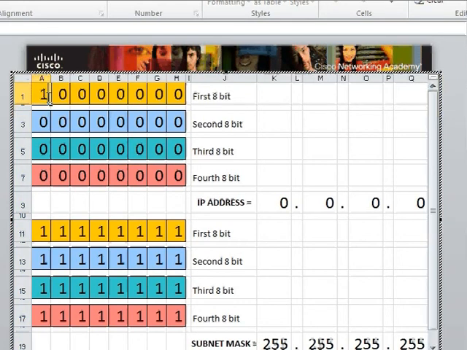For example, this is the network 192.168.0.0.